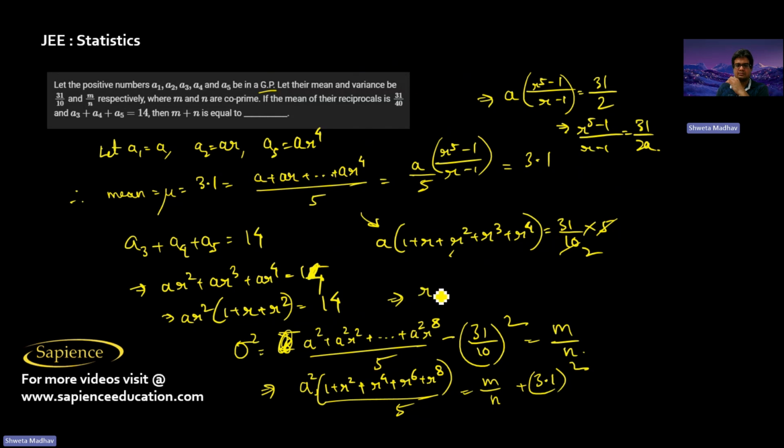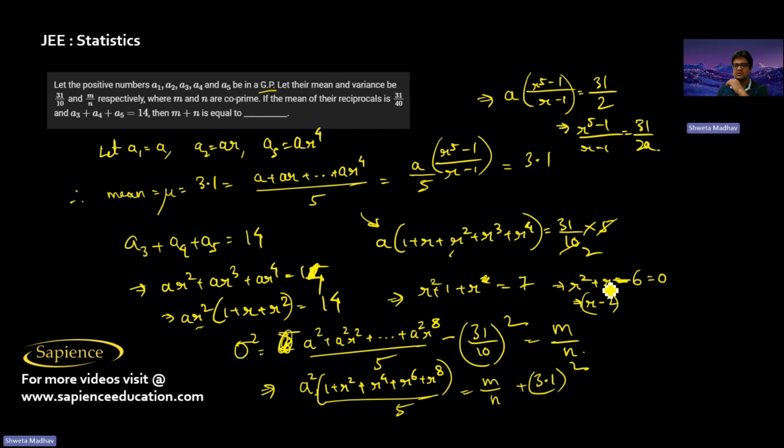So taking r plus 1 by r as minus 7 by 2, r square plus 1 is minus 7r by 2, so r square plus 7r by 2 plus 1 equals 0. Then r square plus 3r minus 2r plus 6 equal to 0.